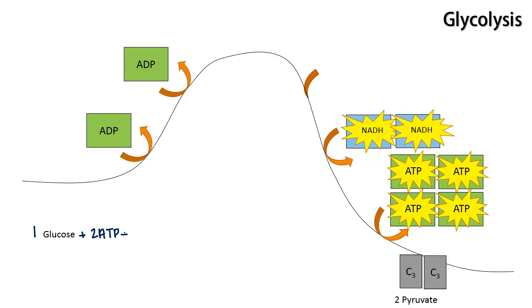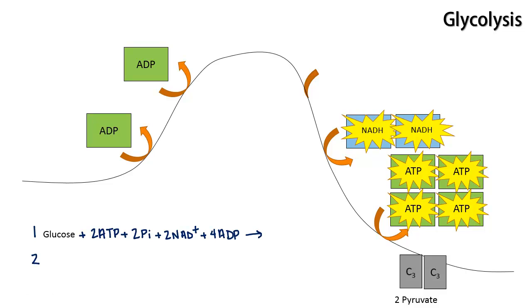We need to put in 2 ATPs. Those were the first green boxes that we started with. 2 phosphate ions we put into the process. 2 NAD pluses were put into the process. And 4 ADPs. Those were the 4 green boxes on the right-hand side before they got converted into ATPs.